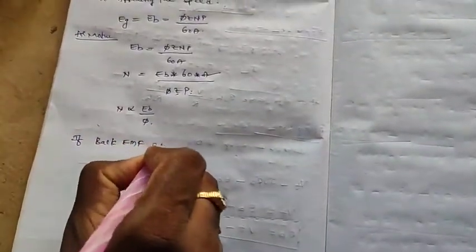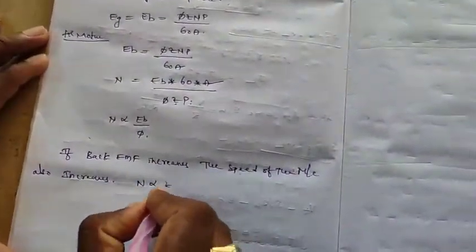That means if back EMF increases, the speed of the machine also increases. The speed is directly proportional to EB.